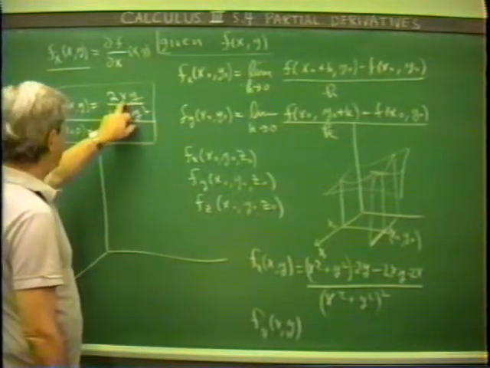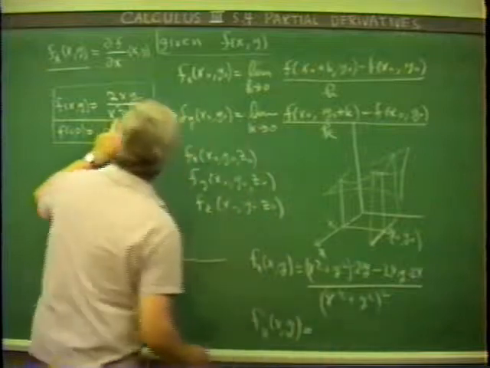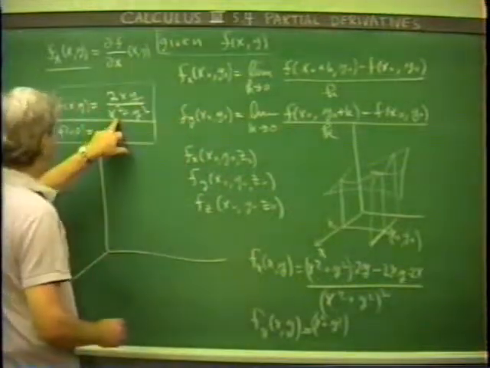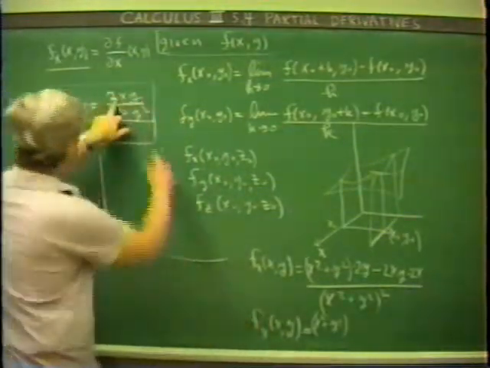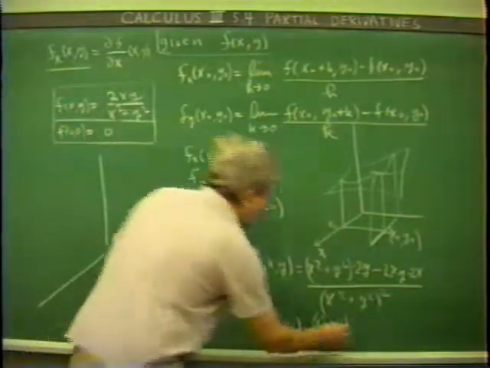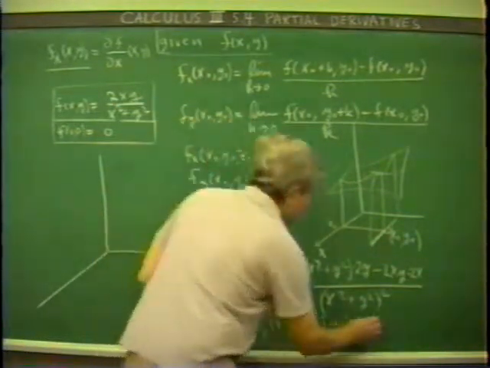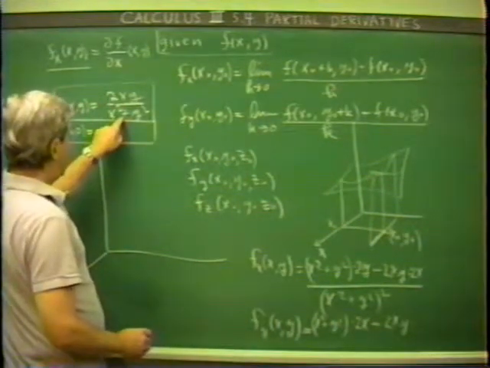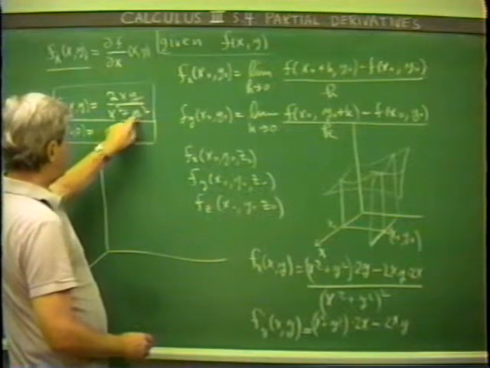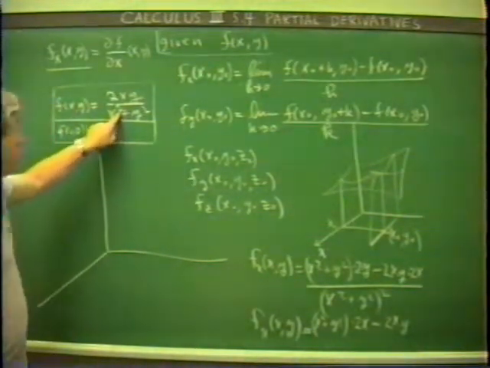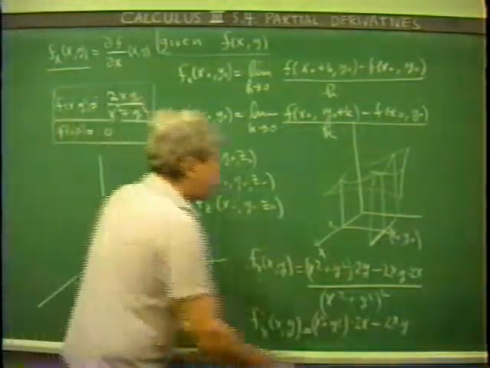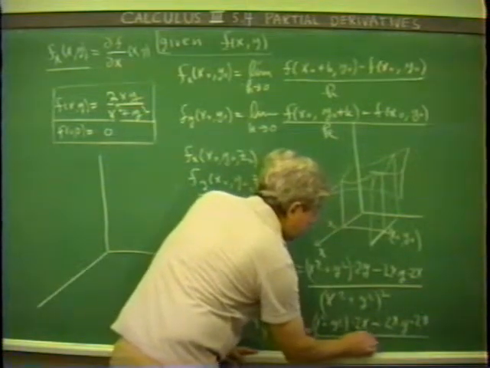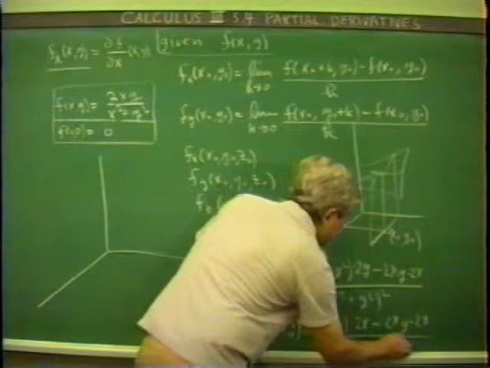Fixing x and differentiating with respect to y, we're going to get that this is equal to the denominator, x squared plus y squared, times the derivative of the numerator with respect to y, treating x as a constant, so this is times 2x, minus the numerator, 2xy, times the derivative of the denominator with respect to y, which is 2y, since the derivative with respect to y of x squared, if x is fixed, is 0, over the denominator squared, x squared plus y squared quantity squared.